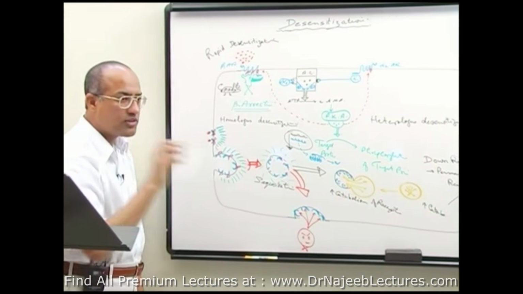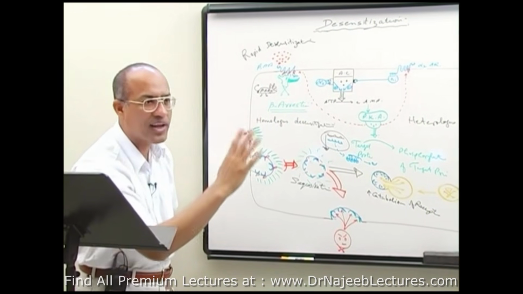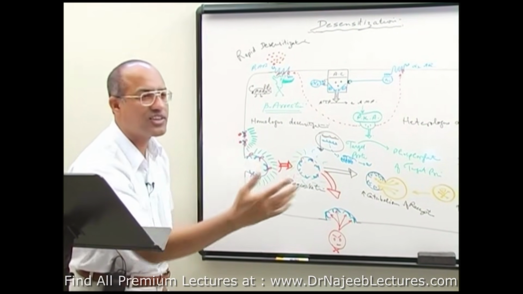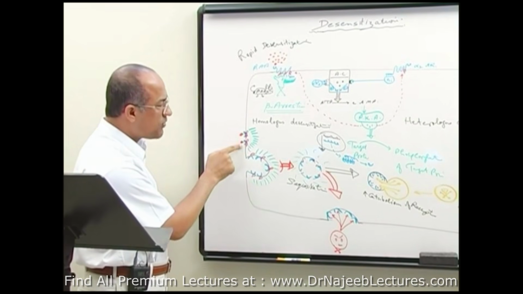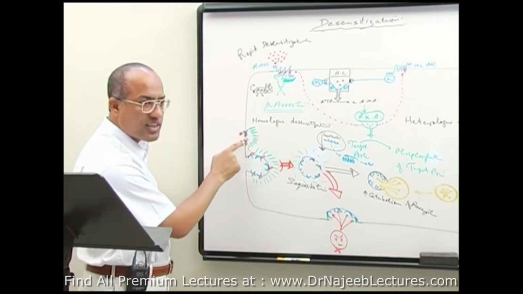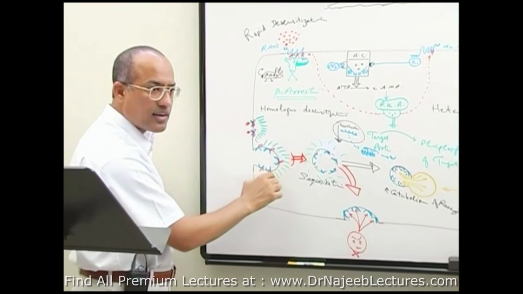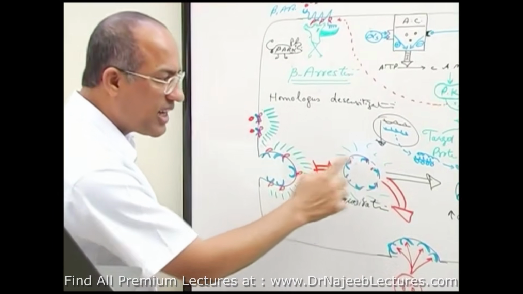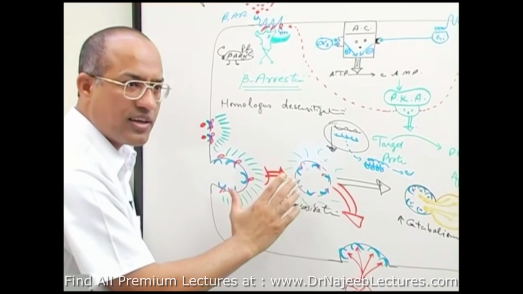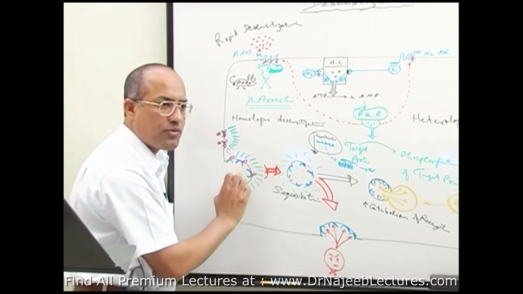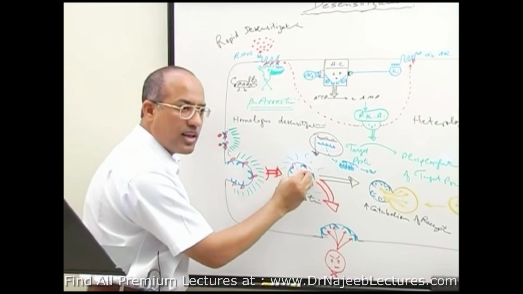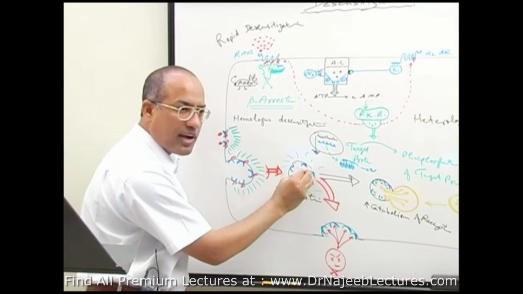Then I told you, if there is too much stimulation, now the receptor has to run away, at least transiently. That is an example where phosphorylated receptors, especially with arrestin, bind the clathrins and make an endocytic vesicle, and transiently the receptor disappears from the membrane to the internal environment and becomes unavailable to the agonist.